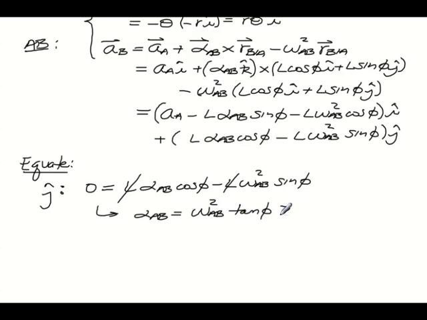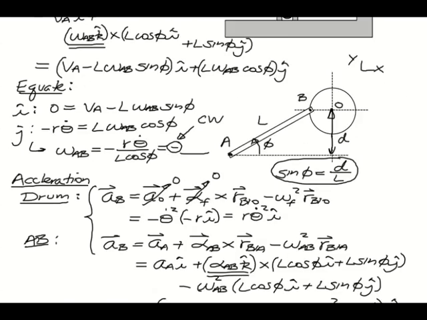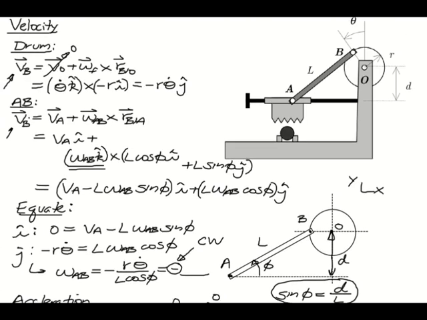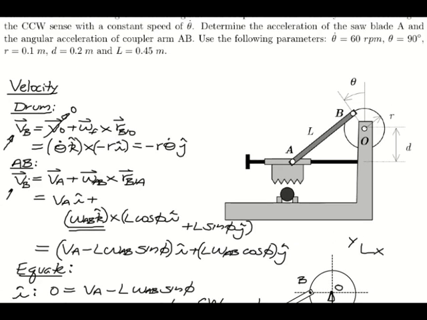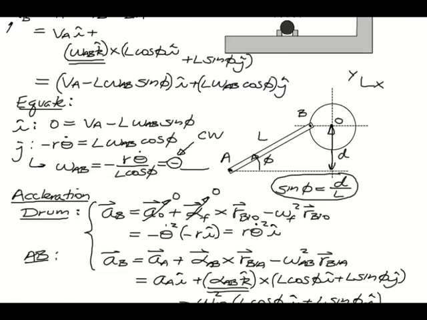And since this is a plus, this tells me that my original assumption up here that it was plus was correct. So my assumption being a plus would be counterclockwise, so that's what I get. So I have alpha AB. What we're asked to find here is alpha AB as well as the acceleration of the saw blade A.